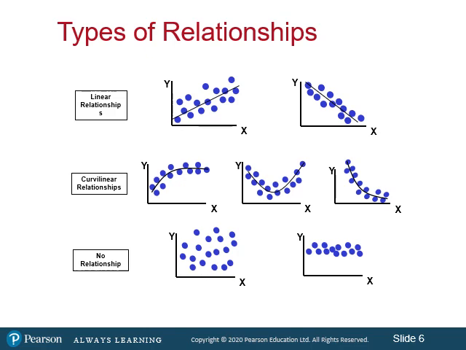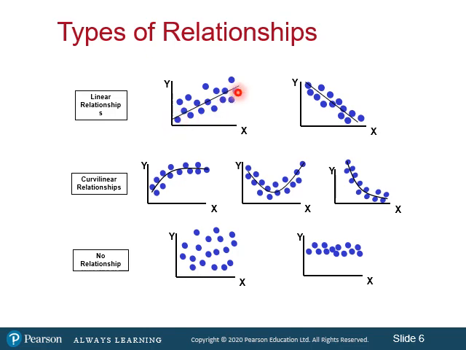Curvilinear relationship is when the points are moving this way, curvy, or this way and this way. No relationship means there's no pattern. The points are going everywhere, or the points are like this. So there's no increasing or decreasing pattern. The one we are looking for is like this, where we can draw a straight line in between the points.